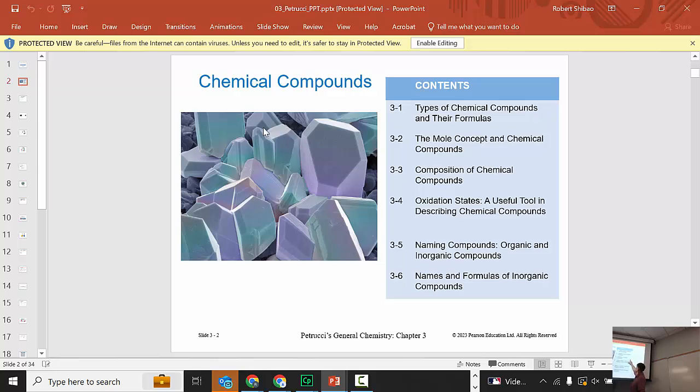Continuing on, we're going to get some idea about the composition. The first thing in terms of structure we want to figure out is oxidation states. Oxidation states will tell us a lot about the compound's chemical properties, its redox properties. So we're going to look at oxidation state as the first tool in analyzing composition and structure.